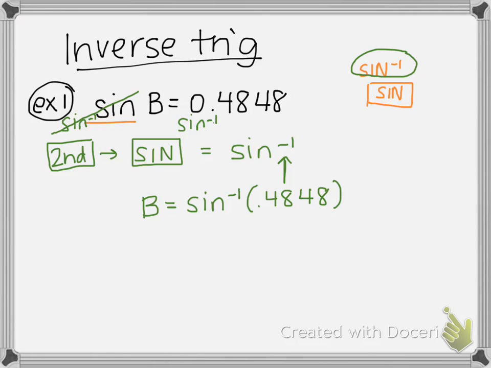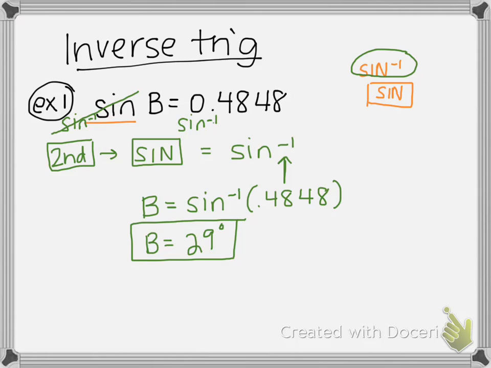Now, when we put that into our calculator, it's going to look exactly like that. And we're going to get that angle B is about 29 degrees. Now, the thing about our answers when we're trying to find the angle is it's always going to be in degrees, because we're finding an angle, and our angles are in degrees.